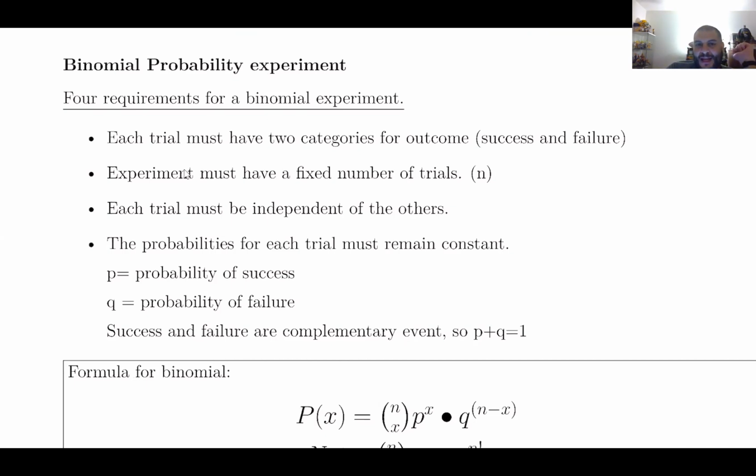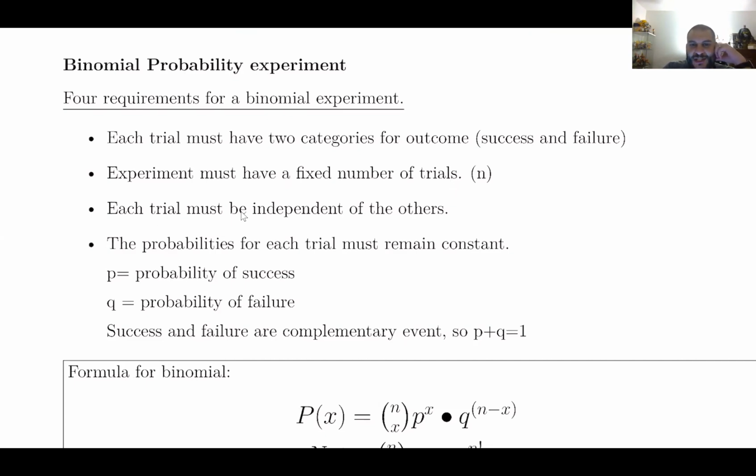So when it says experiments must have a fixed number of trials, that's what it's talking about. We have to have a set number of times we are doing a selection. When we said we're randomly selecting 3 babies, n would equal 3, because that's how many times we're repeating this experiment.